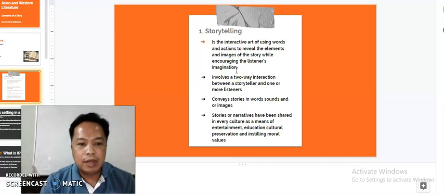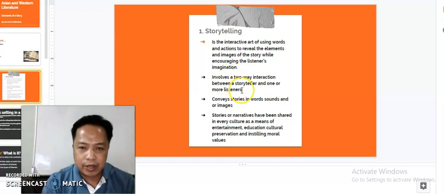There is someone who tells a story, and the listeners are opening their minds so they can see pictures of the story through their imagination. Next, it also involves a two-way interaction between a storyteller and one or more listeners.